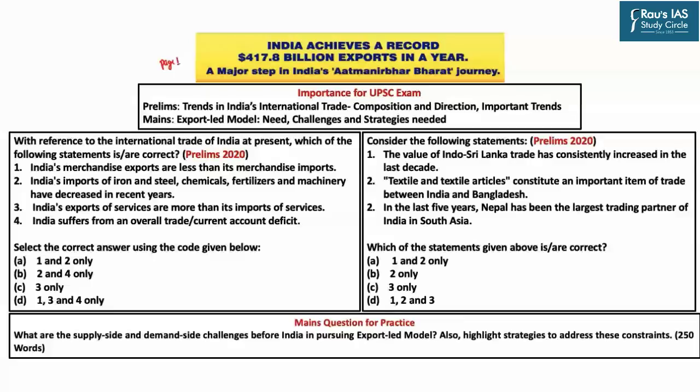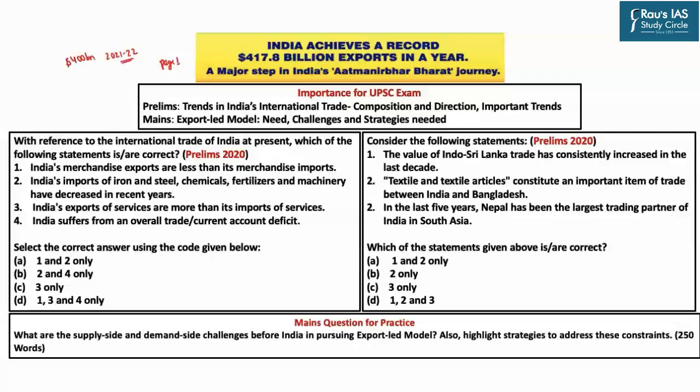I hope all of you must have come across a very important development with respect to India's external sector. The development was that the overall exports from India have increased to more than $400 billion for the first time, in the financial year 21-22.